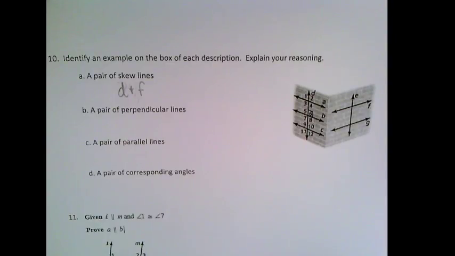A pair of perpendiculars. It's really hard to see in that picture, but if you look at 6, there is a box around that, or a right angle. So can somebody give me, there's one really good answer for perpendicular. E and F, we don't know if those are perpendicular because there's no sign over there. So I can't use E and F. There's really only one set that you can definitely say are perpendicular.